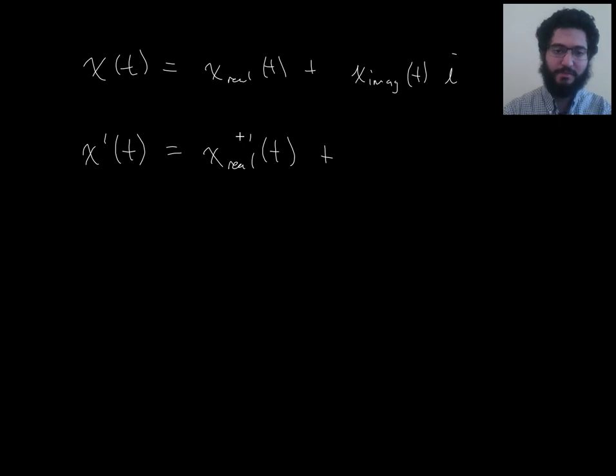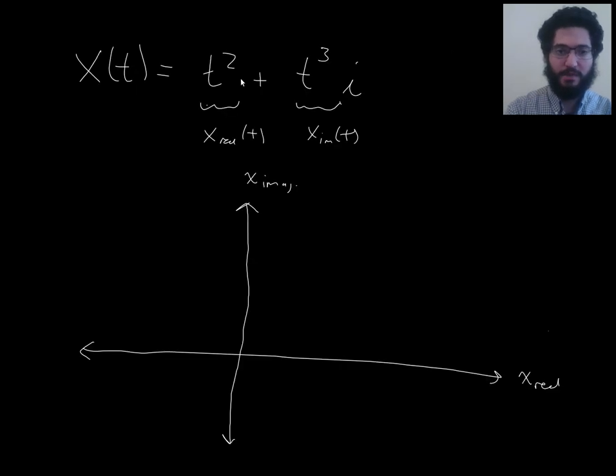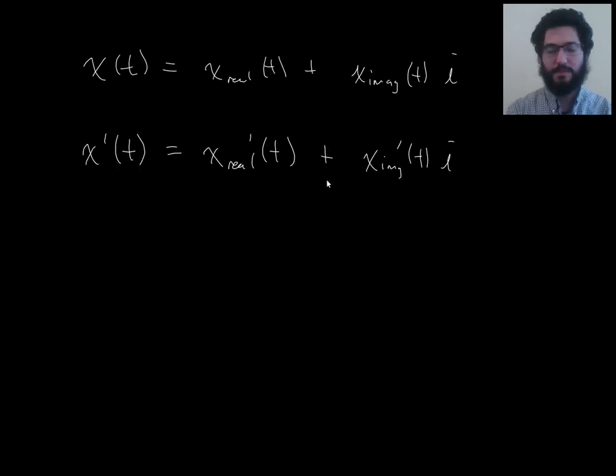It's going to be take the derivative of the real part plus, and then take the derivative of the imaginary part. And that's it. So for example, back here, the derivative of this would be 2t plus 3t squared I. That's it. So the derivative of a complex valued function is going to be some other complex valued function.